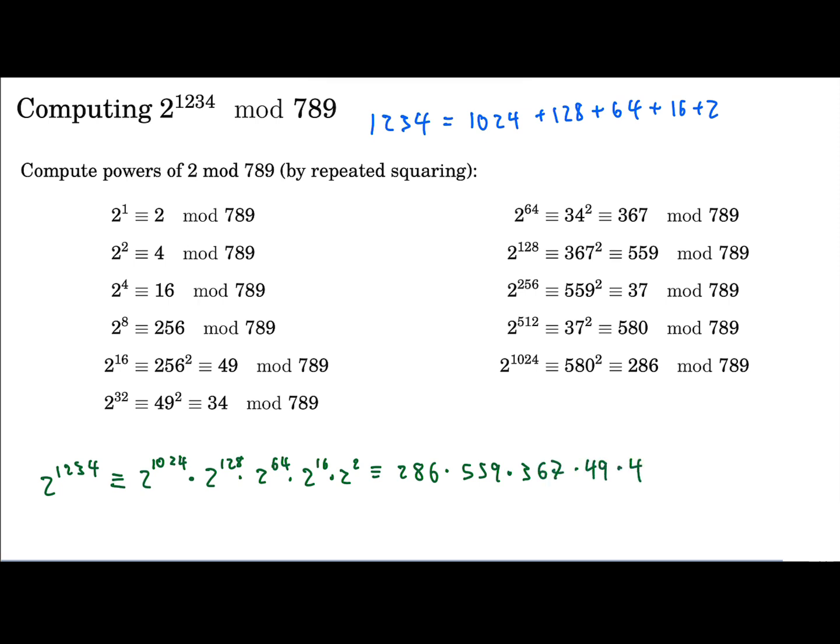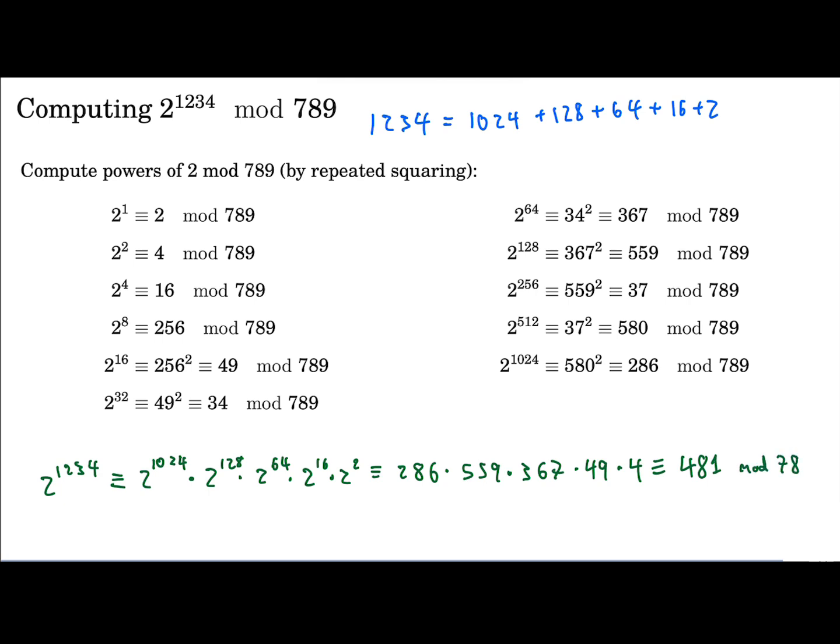And the trick here again is that you never let numbers get out of hand. So when you multiply these two, you don't multiply this times this, get some huge number and then multiply by this. You multiply this by this and you take it modulo 789, so that you never again go over that squared in terms of how big things are. So if you do that, here you will get 481 modulo 789.